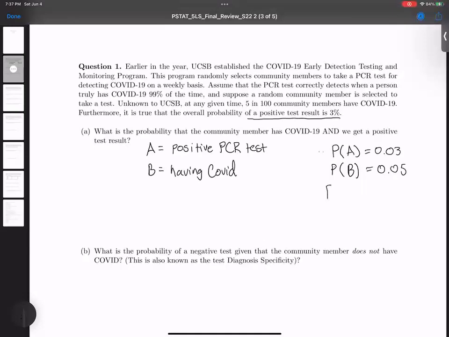In other words, the probability of A given B is 0.99. I'll make a note that these are all givens. I would start out probability problems by listing all your givens.